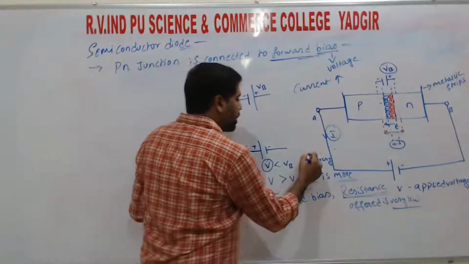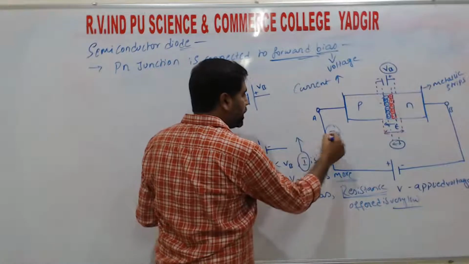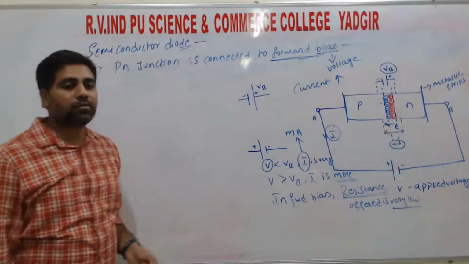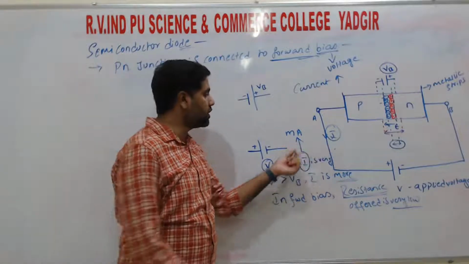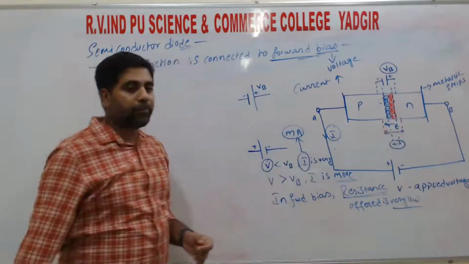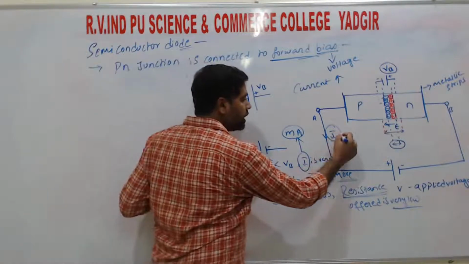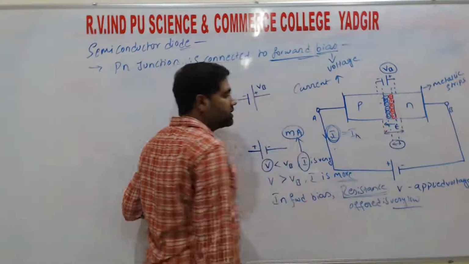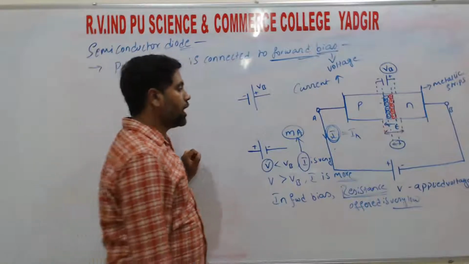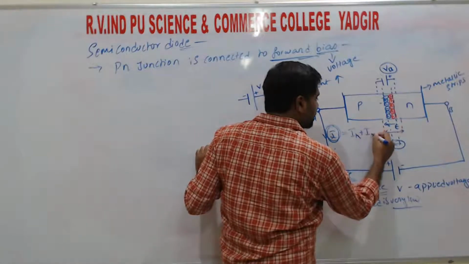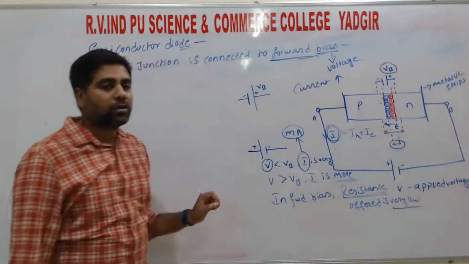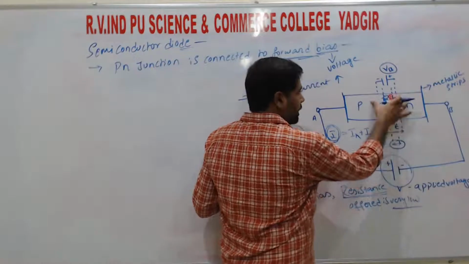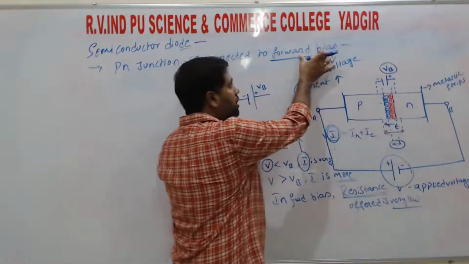Here the magnitude of the current flowing in the external circuit is of the order of milliamperes, and the total current flowing in the circuit is equal to the sum of the charge carrier currents, that is due to the holes and due to the electrons, that is IE, right?